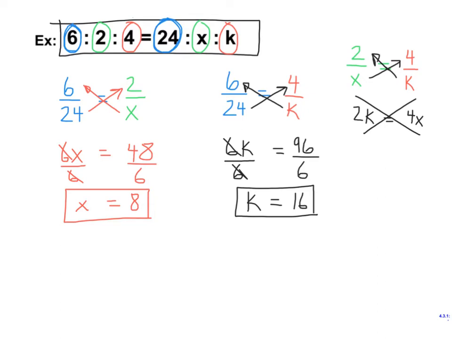So how do I know where to start? Well, in actuality, I'll teach you exactly what you should write at the beginning, and that would be all three proportions with equal signs.